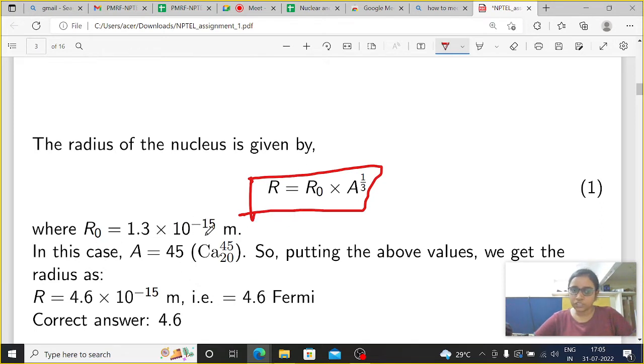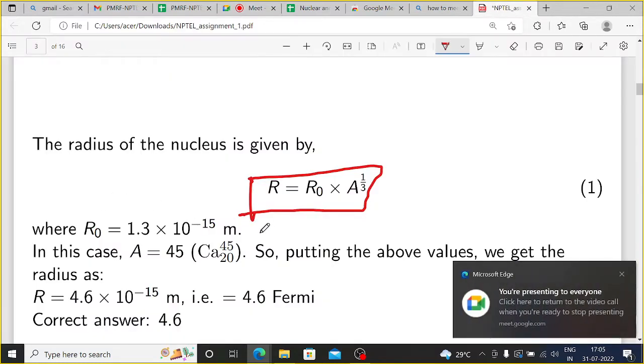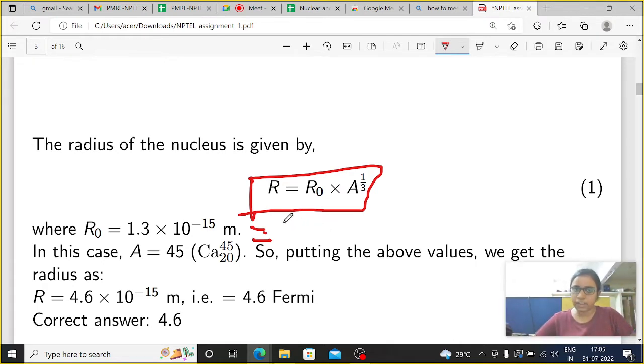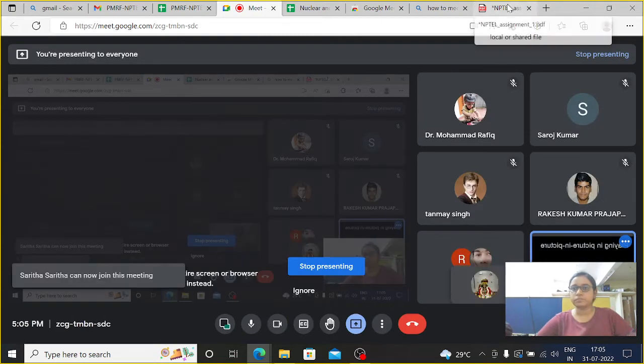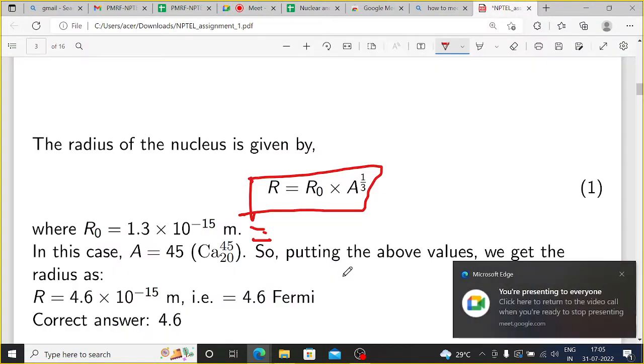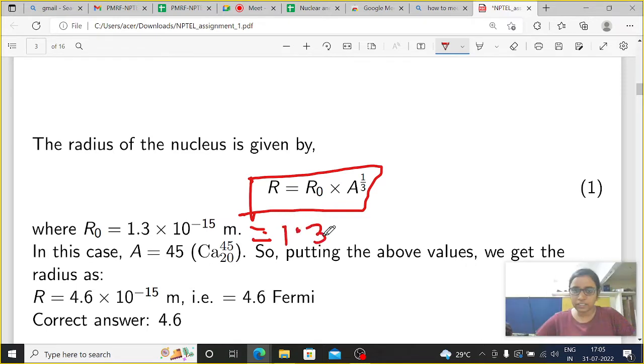The r0 value is 1.3 into 10 to the power minus 15 meter, which is nothing but the average radius of a hydrogen atom with mass number 1. That is 1.3 Fermi, because 1 Fermi equals 10 to the power minus 15 meter.